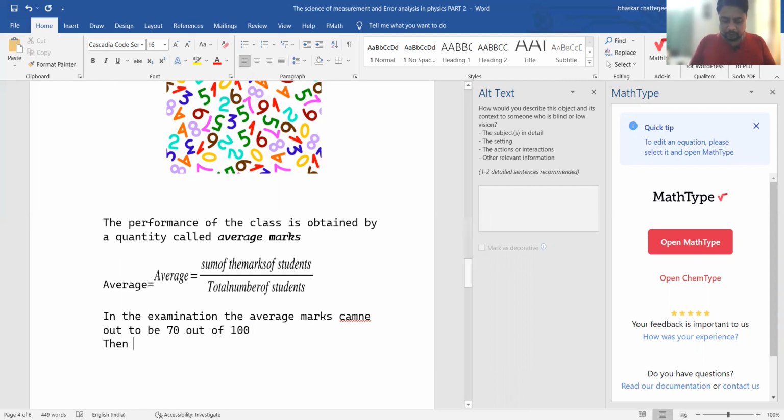Then what does this mean? Let us understand this. What does this average mean? What is the information that is conveyed by this average quantity?